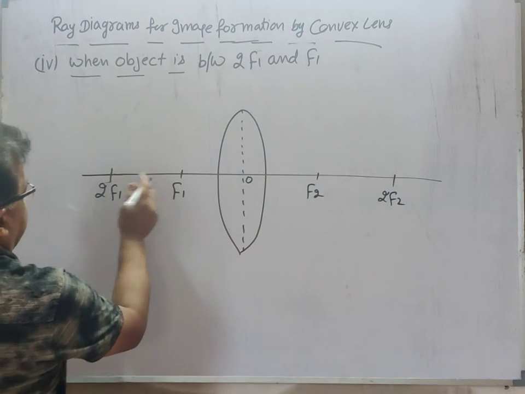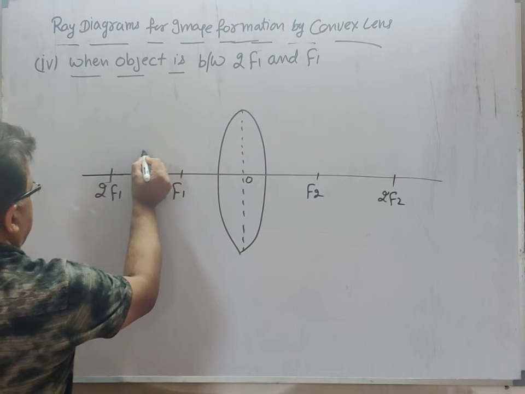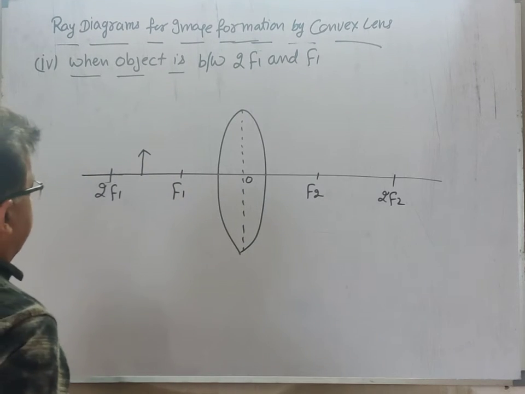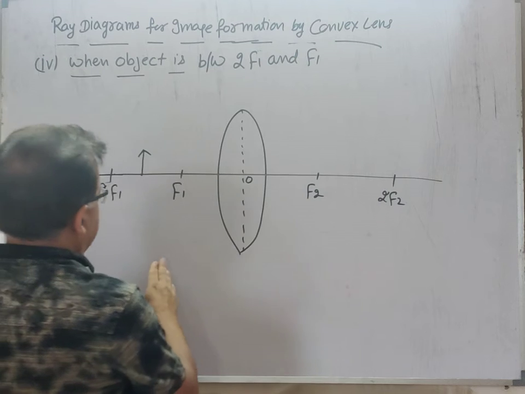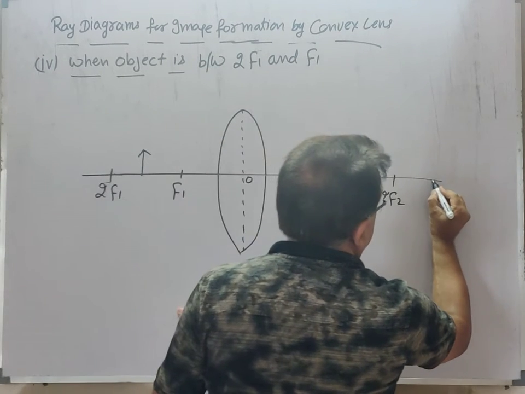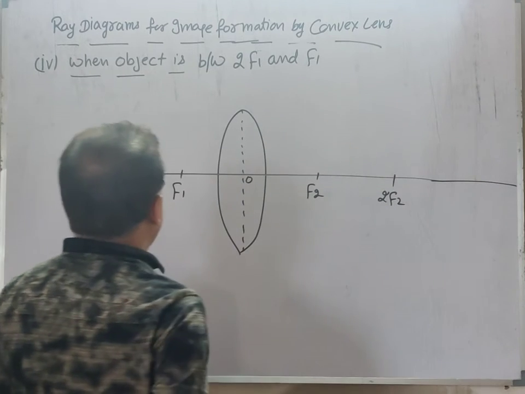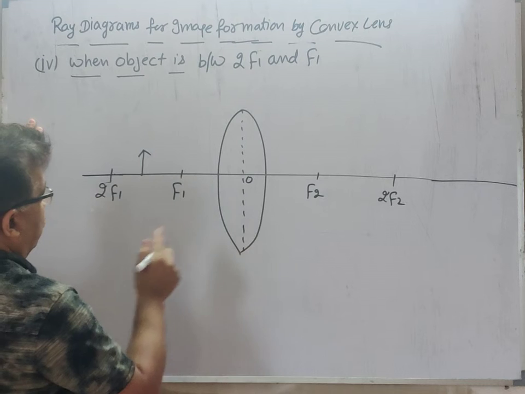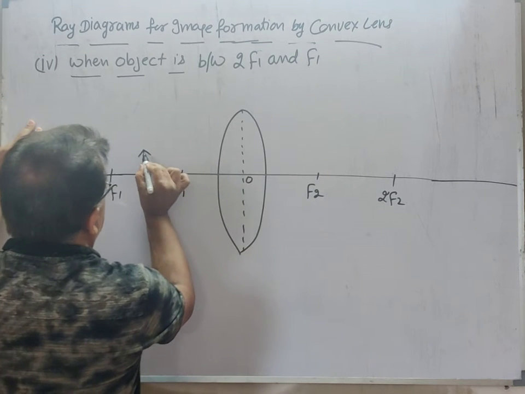Now the object is between these two, and we know that the image will move to that side. It will be formed after 2f2. So one ray we will show parallel.